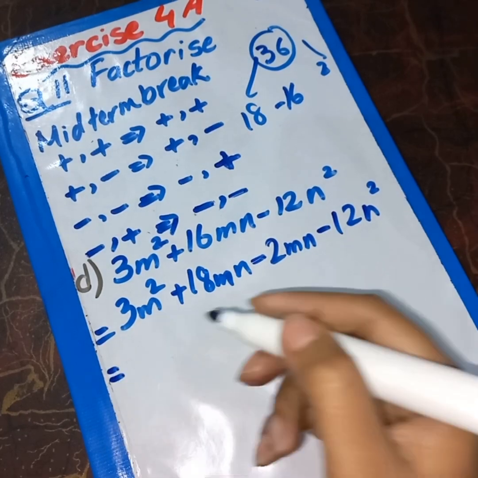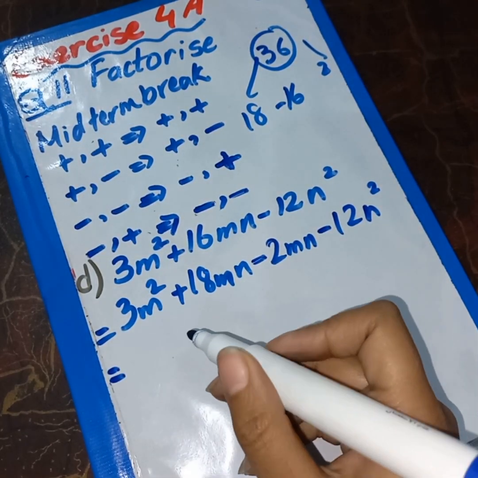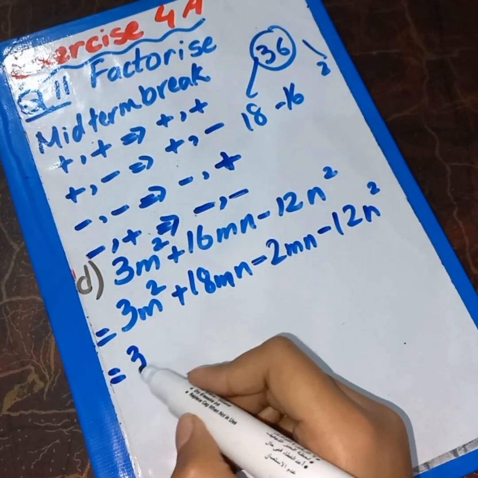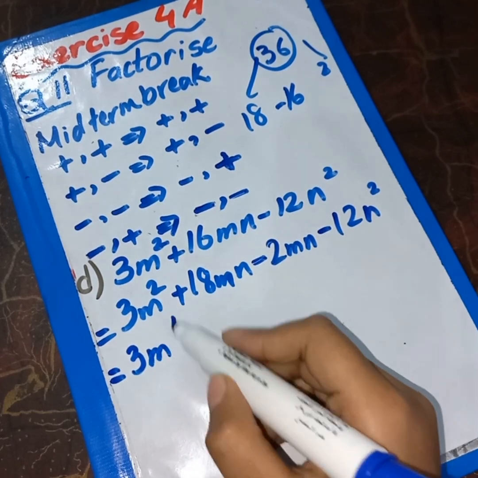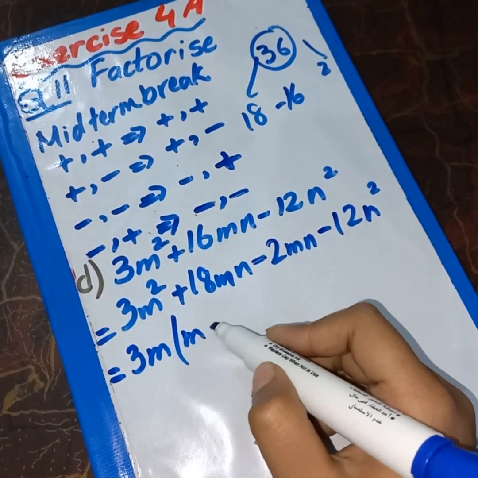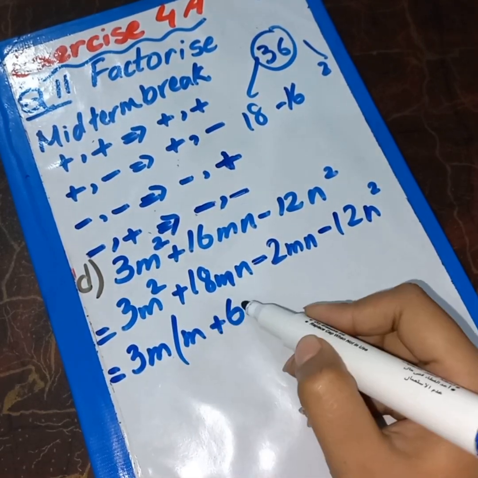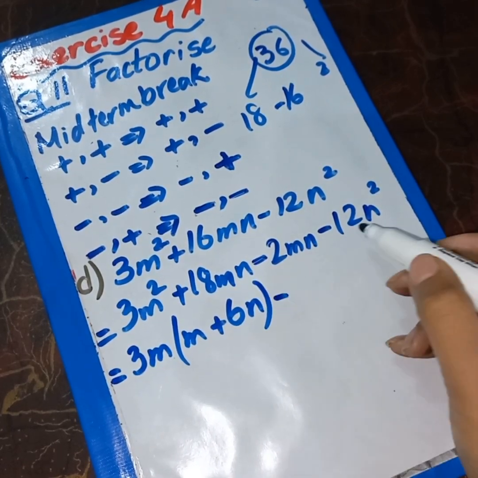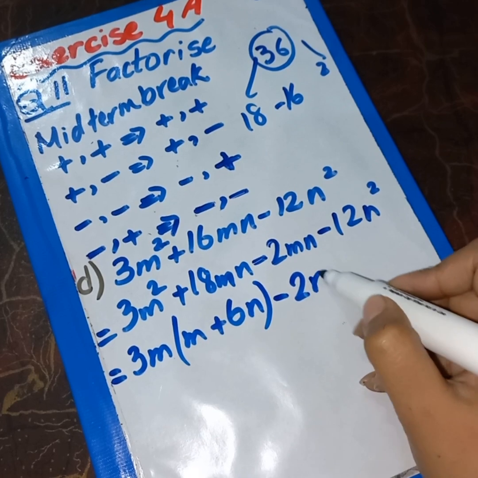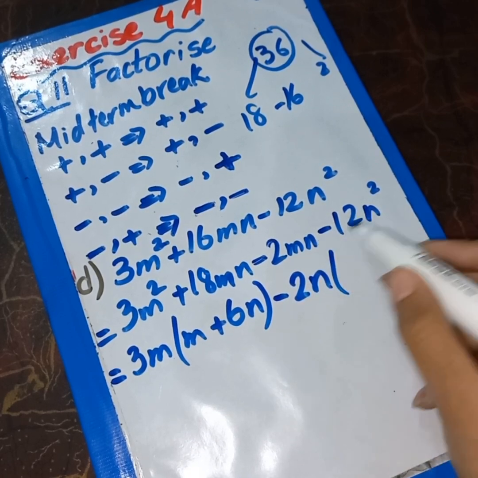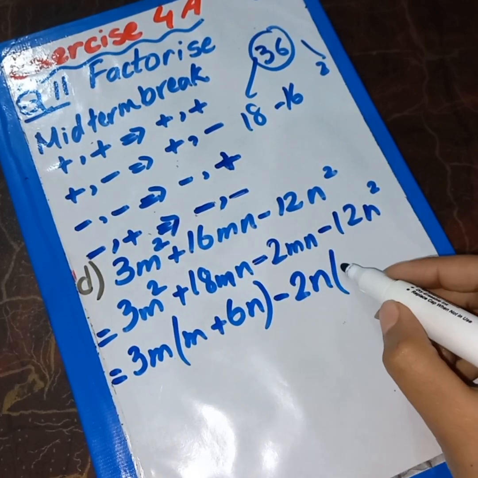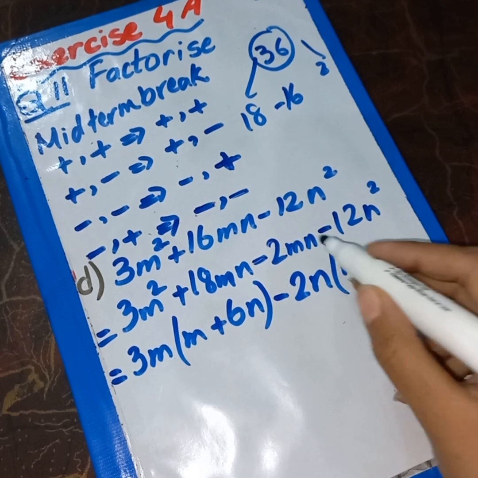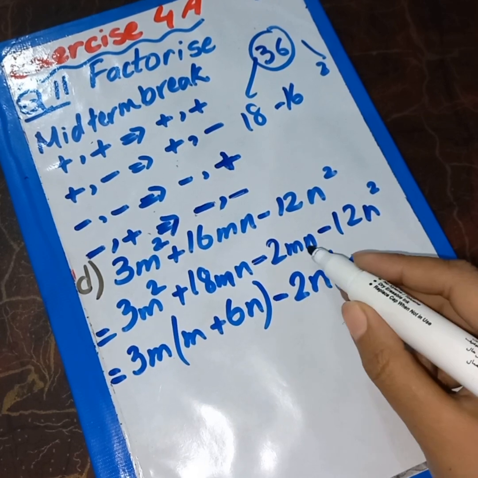Next, we need to factorize it. So here 3m will come out, then m plus 3 6s are 18, and n inside, because m is already outside. Here again 2n will come out, because n is common among these two, and 2n is already outside, but m will come inside to complete 2mn.